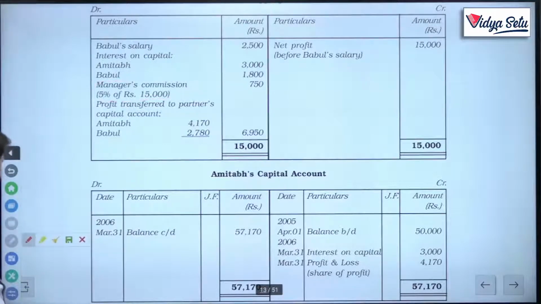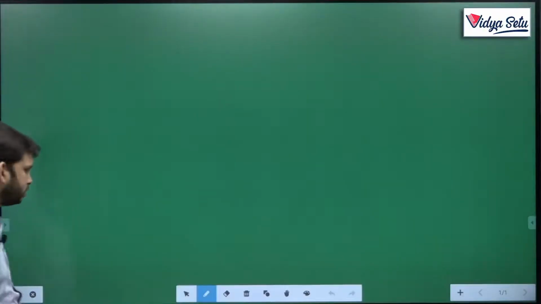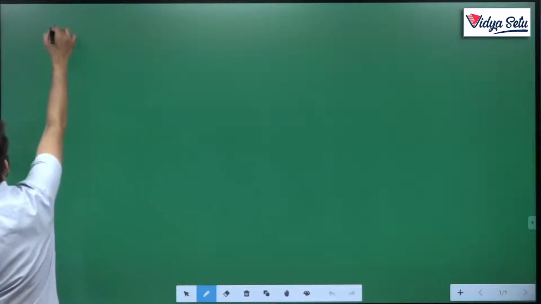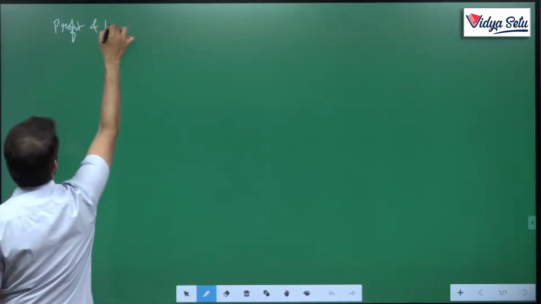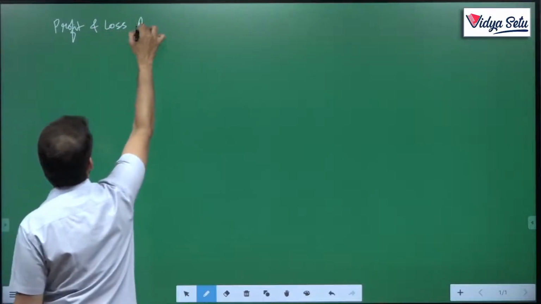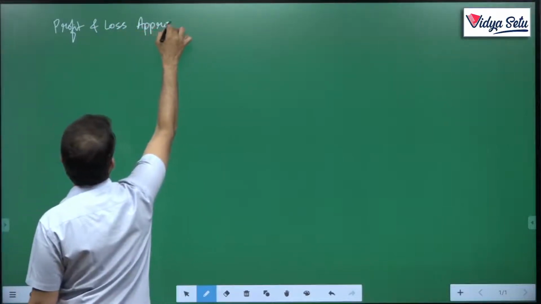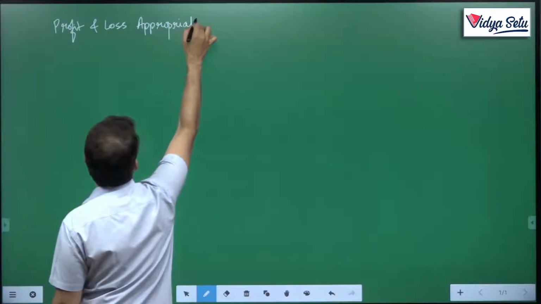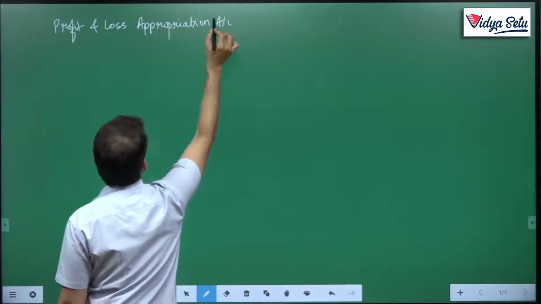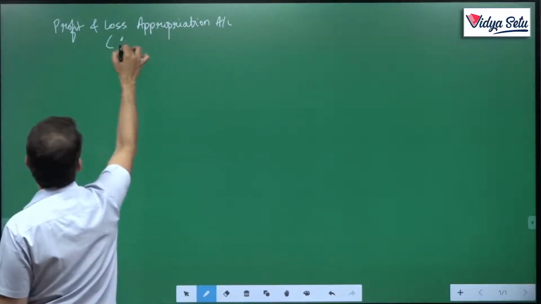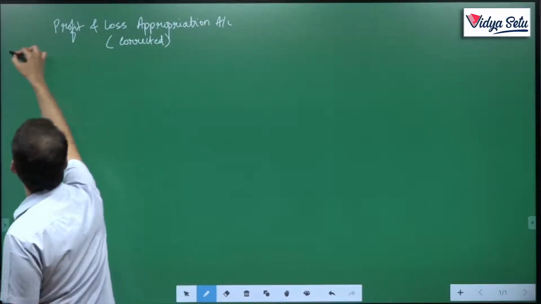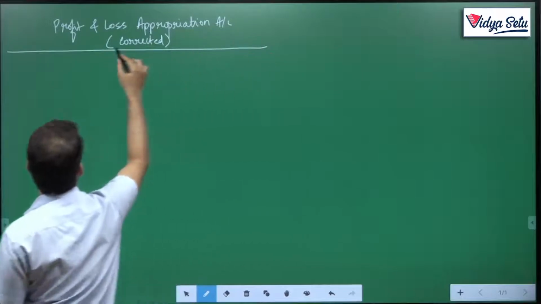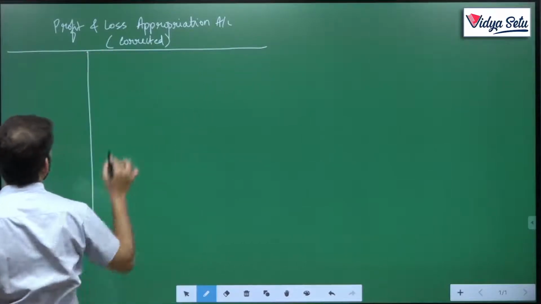Let's do it, and that is the entire reason why we are solving this question. So this one is a corrected profit and loss appropriation account. That is the reason I showed it to you.